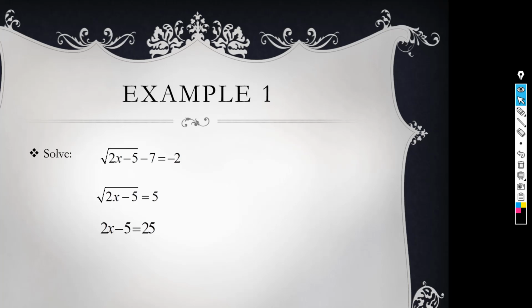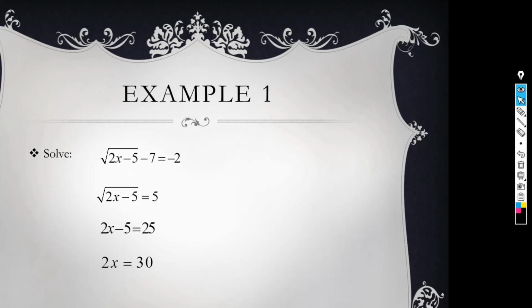Now we want to isolate the variable. We don't have a radical anymore, so you can look at this as a linear equation and take it step by step. We'll add 5 to both sides. That'll give me 2x on the left side, and on the right side I'll have 30. So 2x is equal to 30.